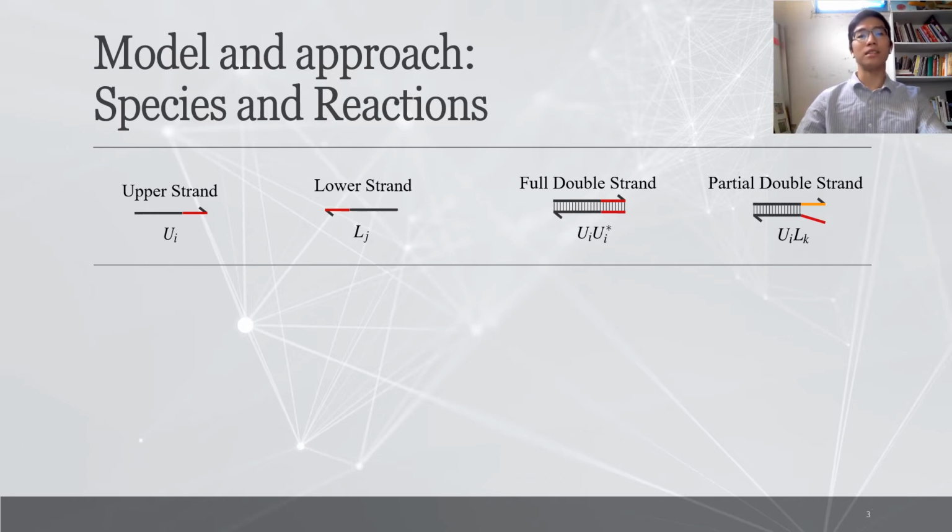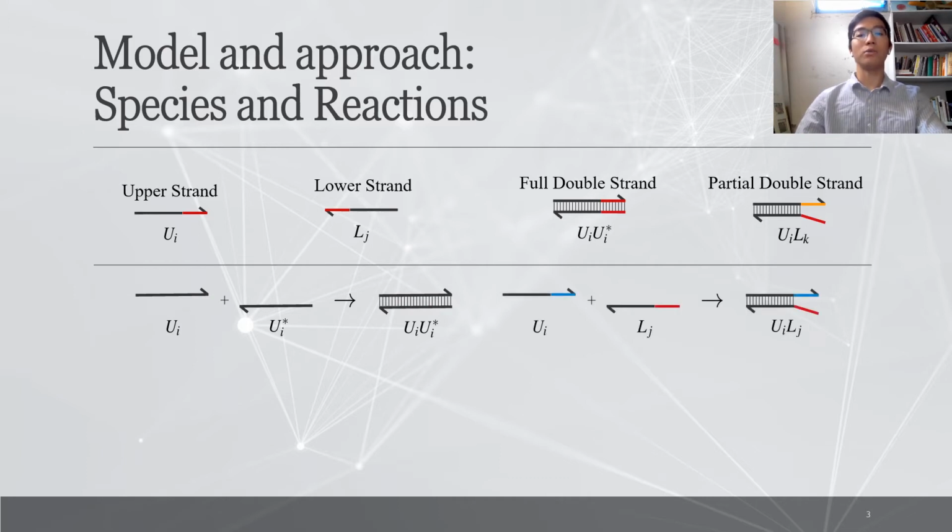So these species, as I mentioned before, are reacting in certain reactions. The first reaction we have is binding, where an upper strand and its complementary lower strand bind together to become a full double strand, or an upper and lower strand bind together to become a partial double strand.